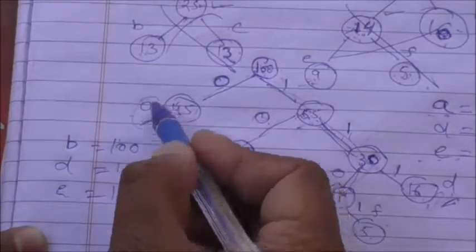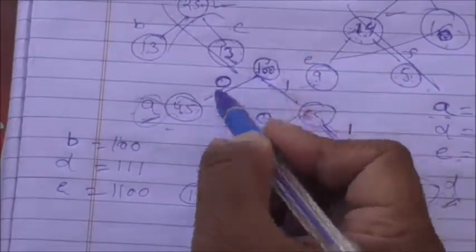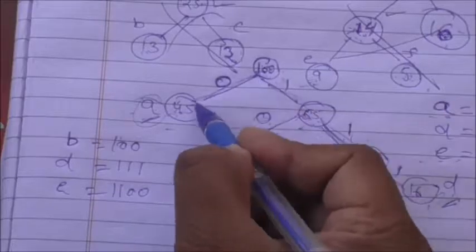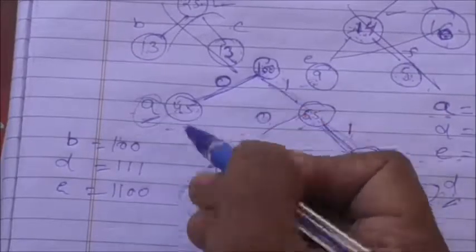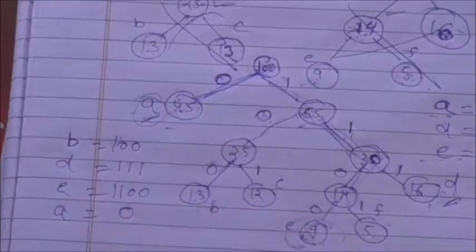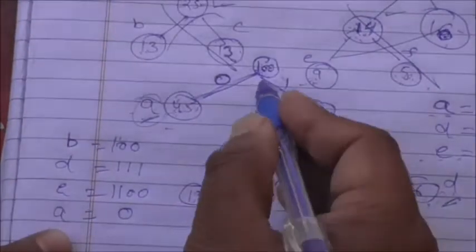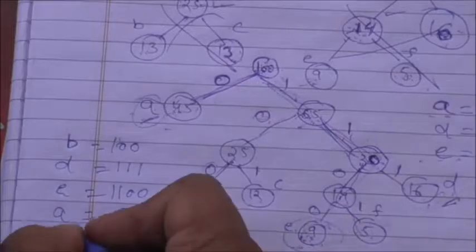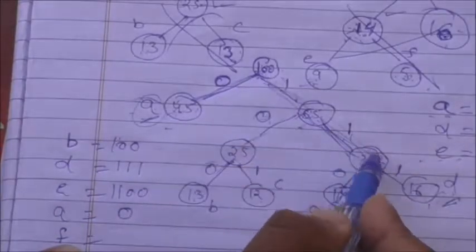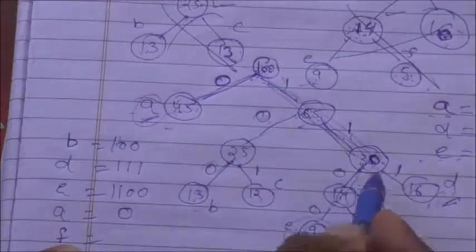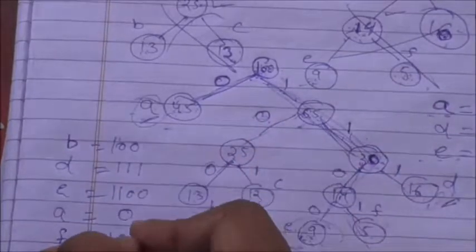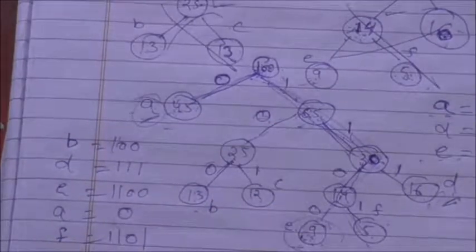Similarly for character A, from root to leaf A, this is the only path, and here the edge is labeled by 0. So the code for character A is 0, right? Similarly, see the code for character F. Now see the path from root to leaf F. Here the edges are labeled by 1, 1, 0, 1, right?